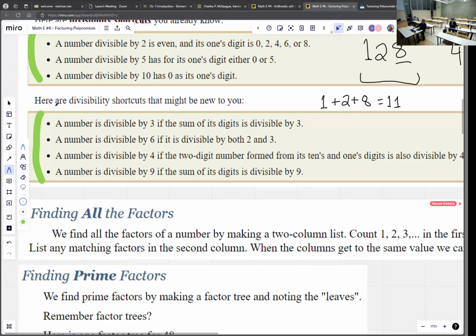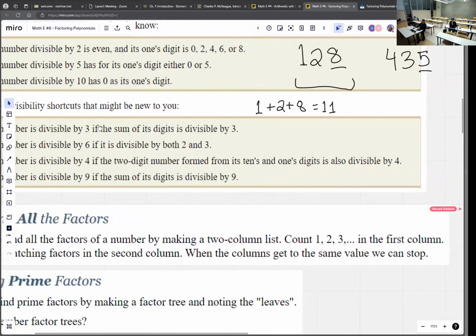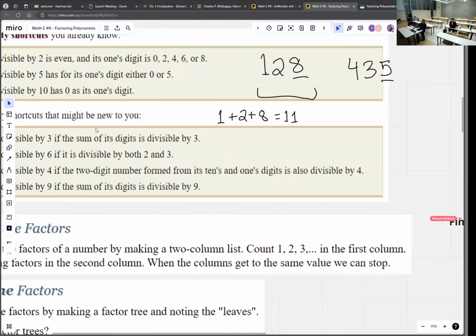Let's check the other one. 435. What happens when I add those up? Well, those add up to 12. Does 3 go into 12? Yes, so 3 also goes into 435.